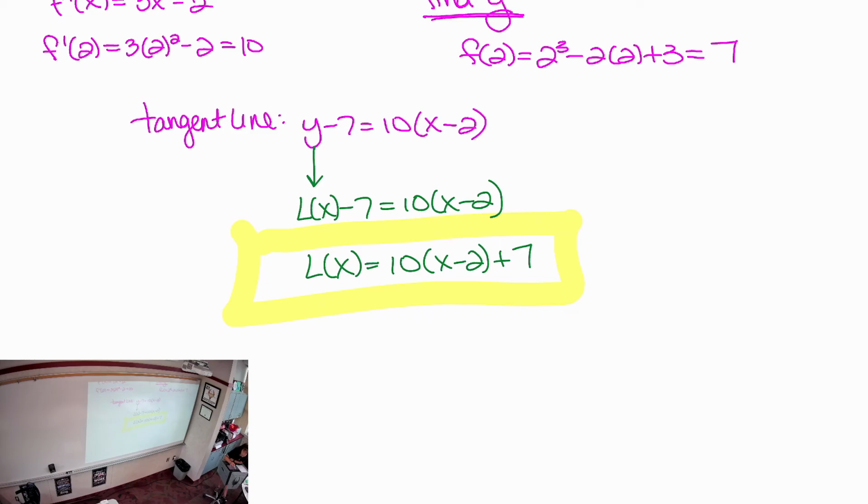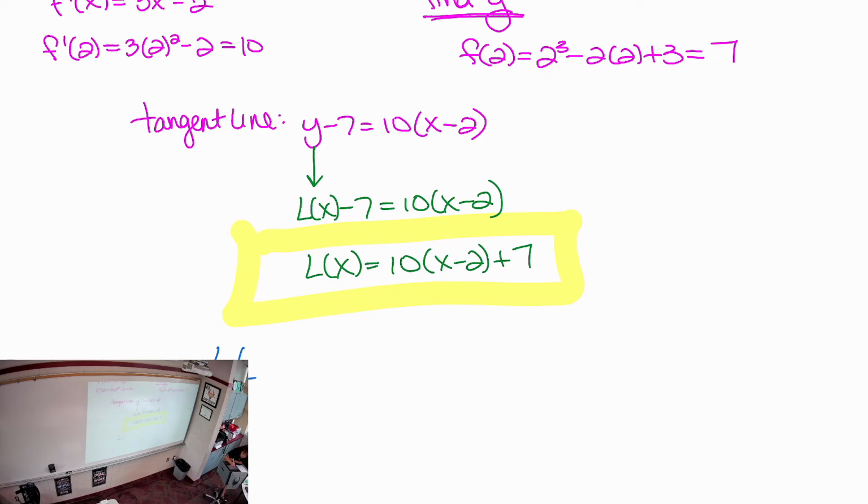Because I'm supposed to use it to find f of the limit. It's notation. They're probably not docking you points if you don't do it, because I can shortcut it in a way. It is the same thing.